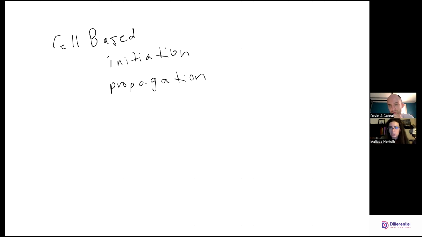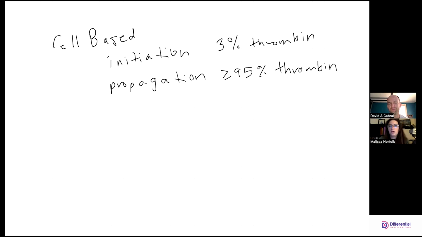Essentially, your initiation phase is where you get maybe 3-ish% of all of the thrombin that you're going to use for the whole coag cascade. Whereas in propagation, you get most of your thrombin, which you utilize in really generating fibrinogen into fibrin and getting your clot formation.